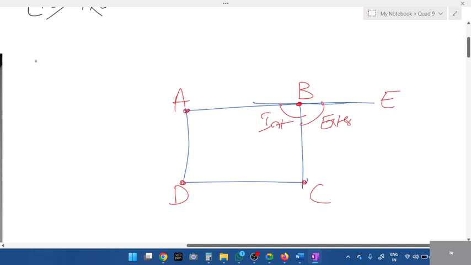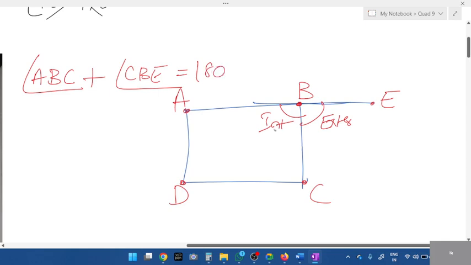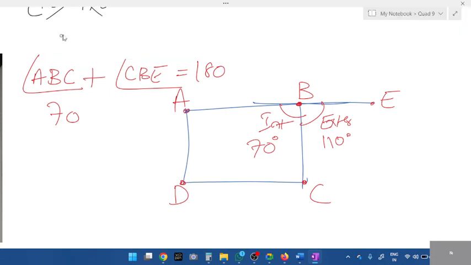How do you write interior? It starts from A, angle ABC. Plus exterior, which you can start from C or E, angle CB. The sum should be equal to 180. If interior is 70 degrees, what about the exterior? 180 minus 70, 110. Next, if exterior is 110, what is interior?